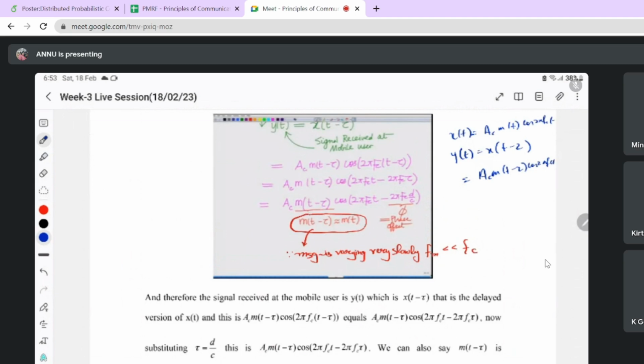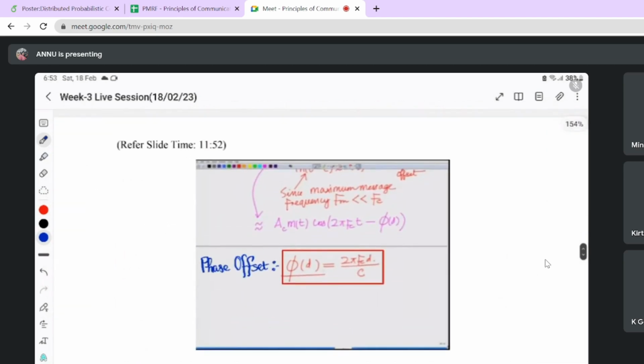Since we consider the message signal to be a narrowband signal, m(t − τ) is approximately equal to m(t), as the message is very slow with respect to the carrier. So here the phase offset term comes: the phase offset is 2πfc d/c. So φ is directly proportional to fc. The more fc varies, the more phase offset you will have.